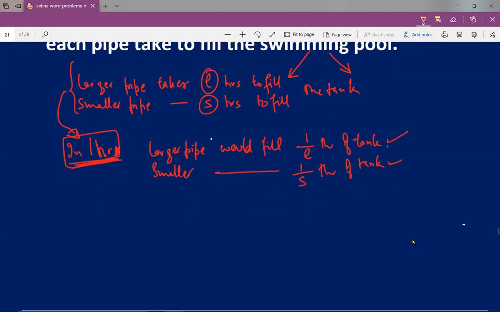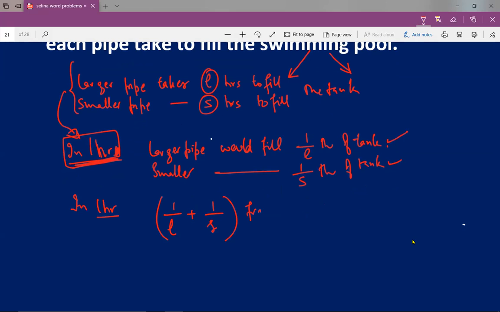So in 1 hour, 1/L plus 1/S fraction of the tank will get filled. You may have to see this solution twice to understand. Once we get the answer, I'll explain it to you in detail. Just go on watching this solution.